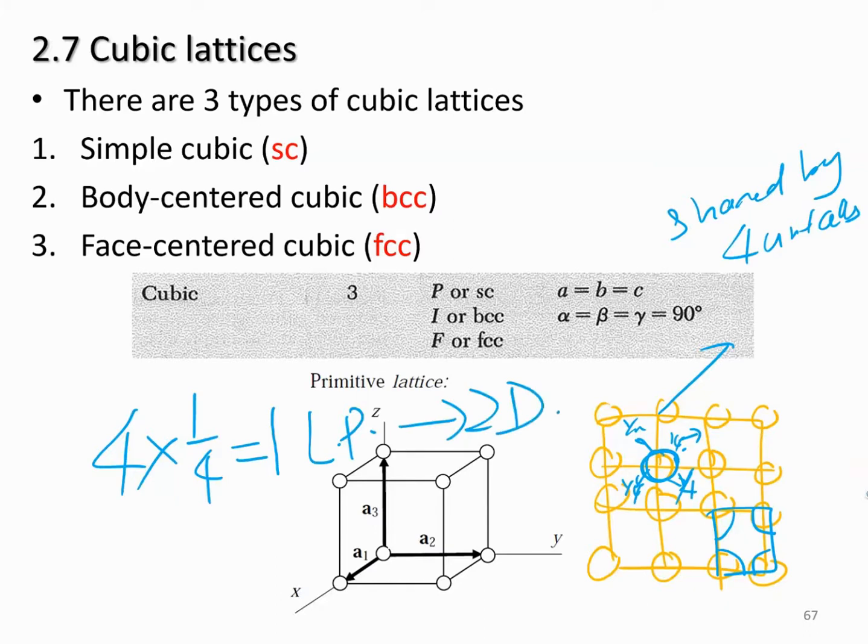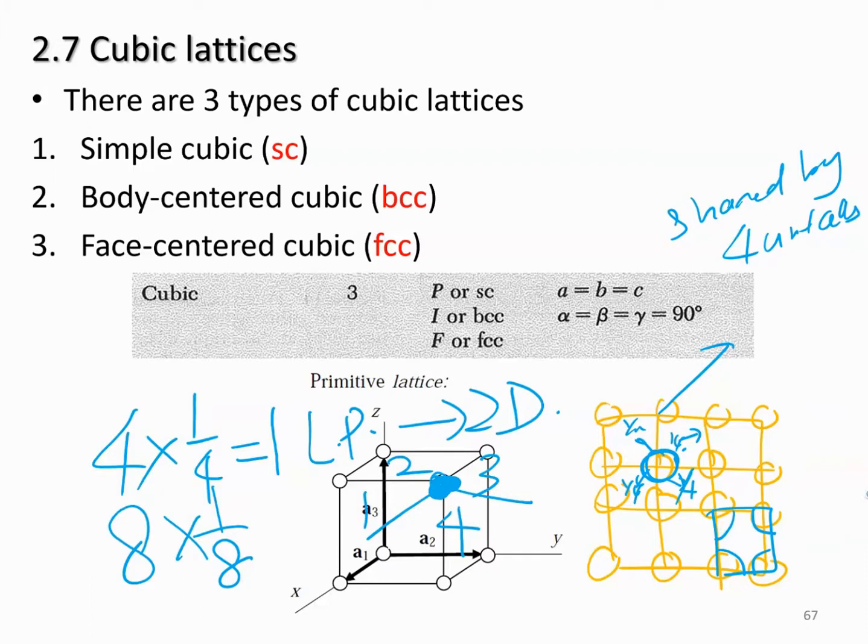Now we proceed to 3D. For 3D, each atom is shared by 8 unit cells, so 8 times 1/8. You can imagine 1, 2, 3, 4, and then the top another 4, so 8. For 2D, each atom is shared by 4 unit cells, but in 3D it is 8.